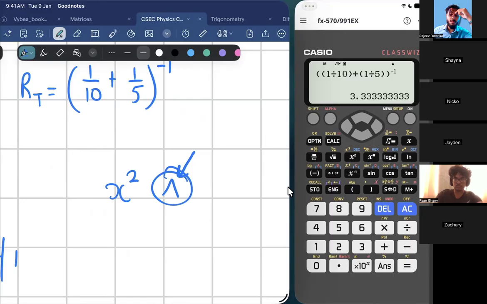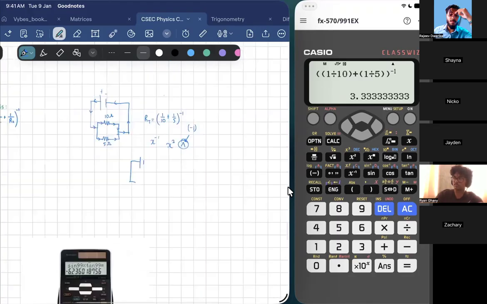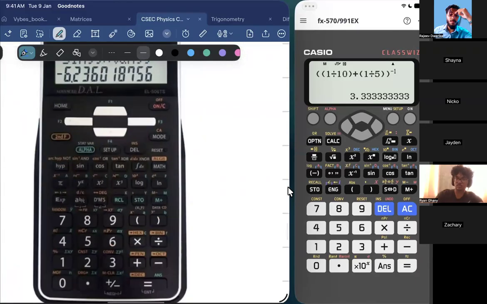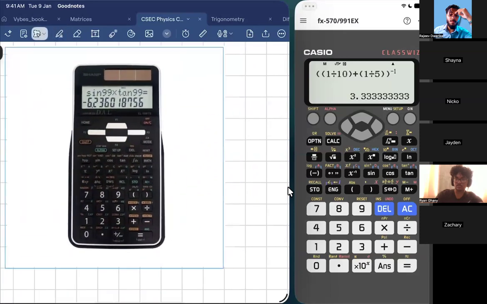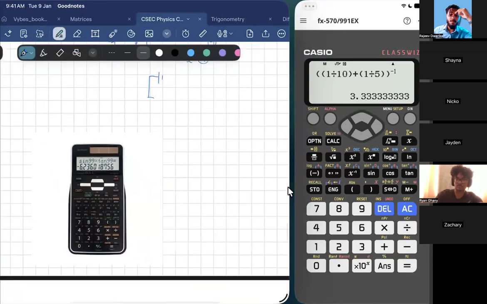You could press that and then put in brackets -1. But I see you have the x to the -1 there. You press that. Yeah, that's not a problem. You get through one time. When I do it in the fraction, I get 3 and 1/3. 3 and 1/3 is correct.